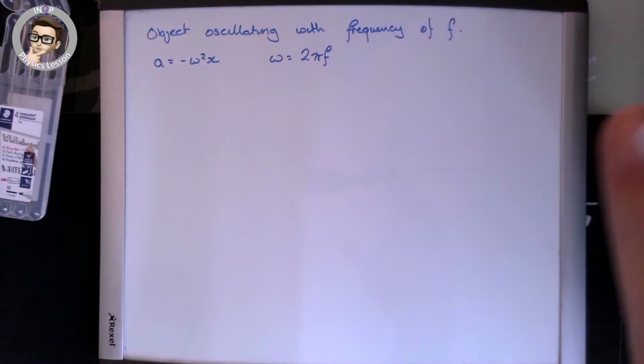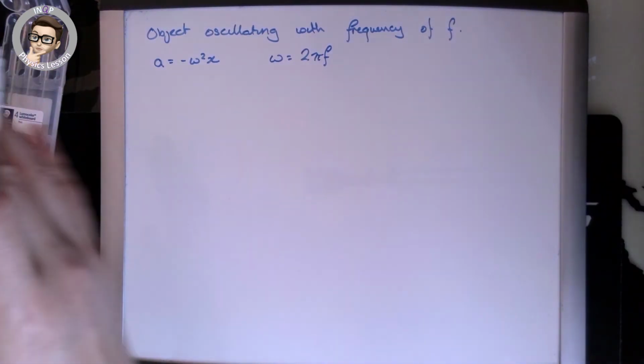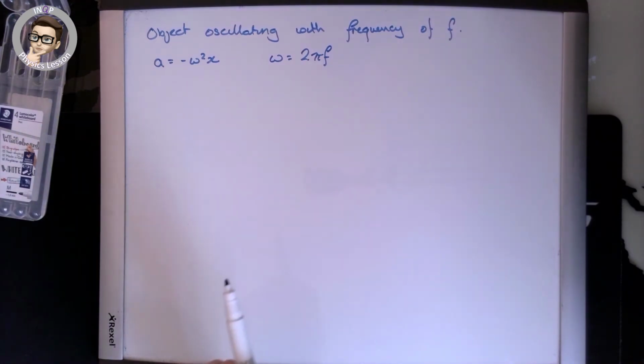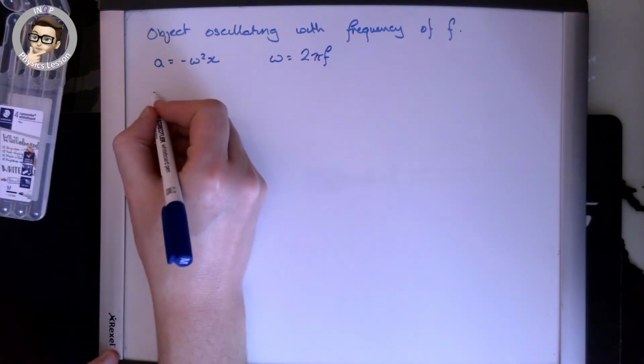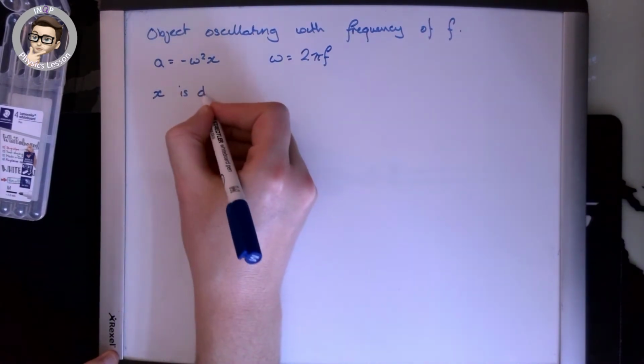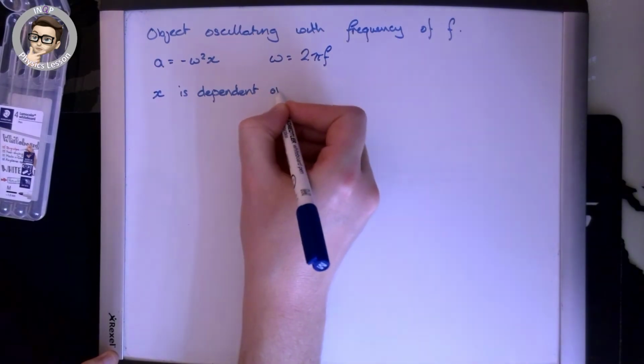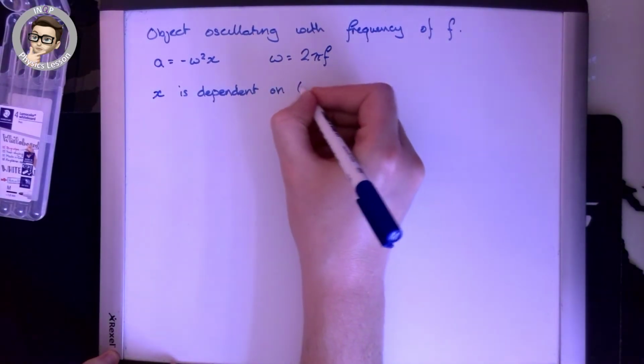And if we start it from any point in between, we know that it's going to follow that sine curve, because that's what we learnt in last lesson, where we looked at the graphs that go with it. So x is dependent on the start position.